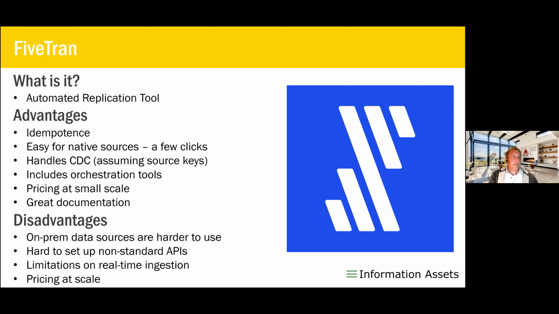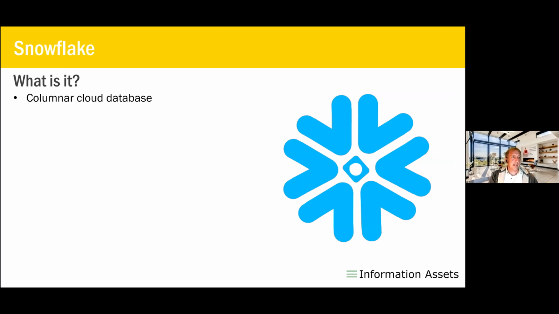Next product, Snowflake. Snowflake is a columnar cloud database. It auto scales for you. It creates indexes by itself, meaning that DBAs are less necessary, although not completely irrelevant. And by auto scaling, I mean it can automatically replicate.